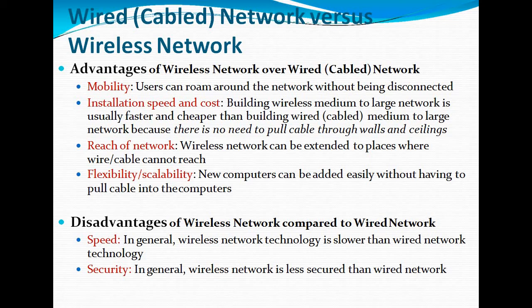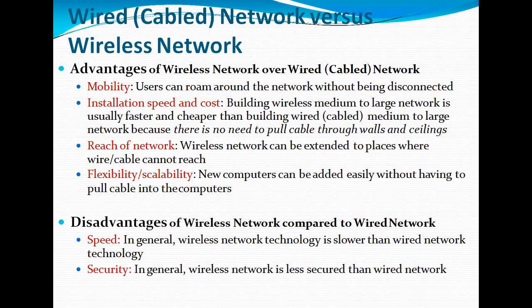Second, installation speed and cost. In buildings, wireless medium to large networks are usually faster and cheaper to build than wired or cabled medium to large networks, because there is no need to pull cable through walls and ceilings.